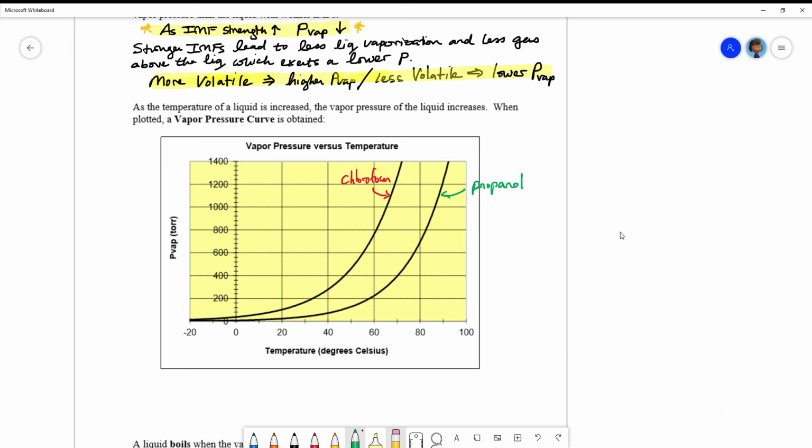For both of these liquids, we can see as we increase the temperature, what's happening to vapor pressure? It's also going up. We'll always get a similar curve to this for any liquid for which we plot vapor pressure versus temperature. All liquids will give us these curves.